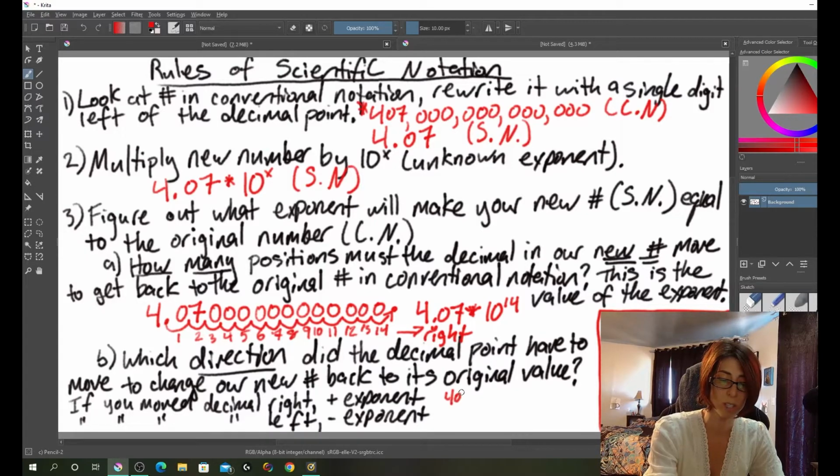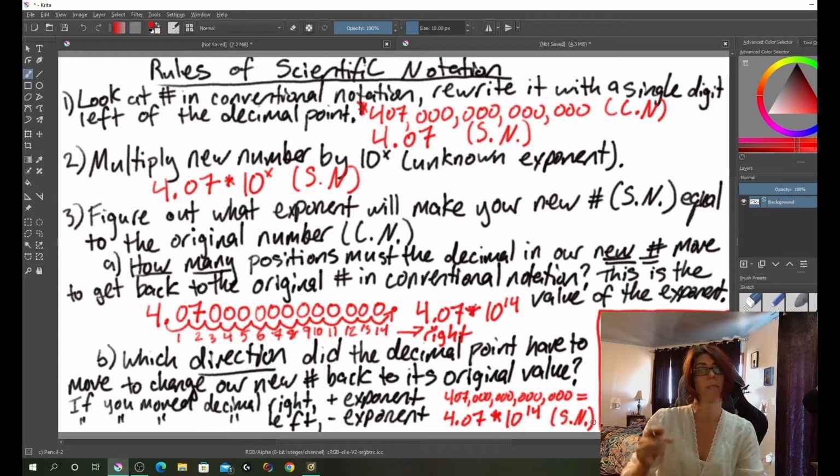So 407 trillion equals 4.07 times 10 to the 14th. This number down here is the same number as 407 trillion, but written in scientific notation. So again, just to recap, there's a single digit to the left of the decimal point.